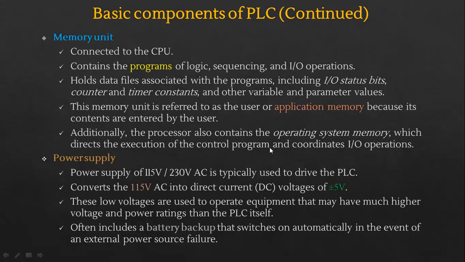That is dictated by the operating system program, and all those programs kept inside require some memory. So just for the PLC to perform as it should, you require that operating system memory.